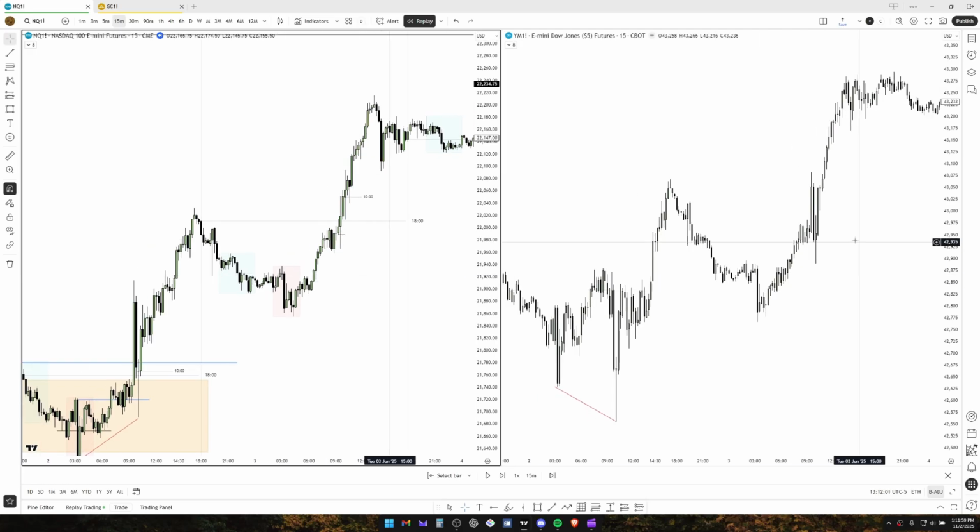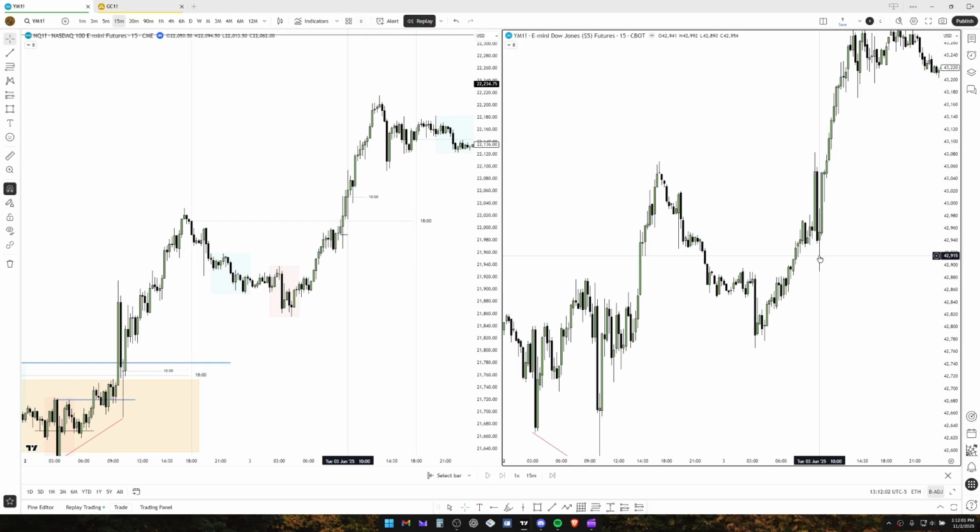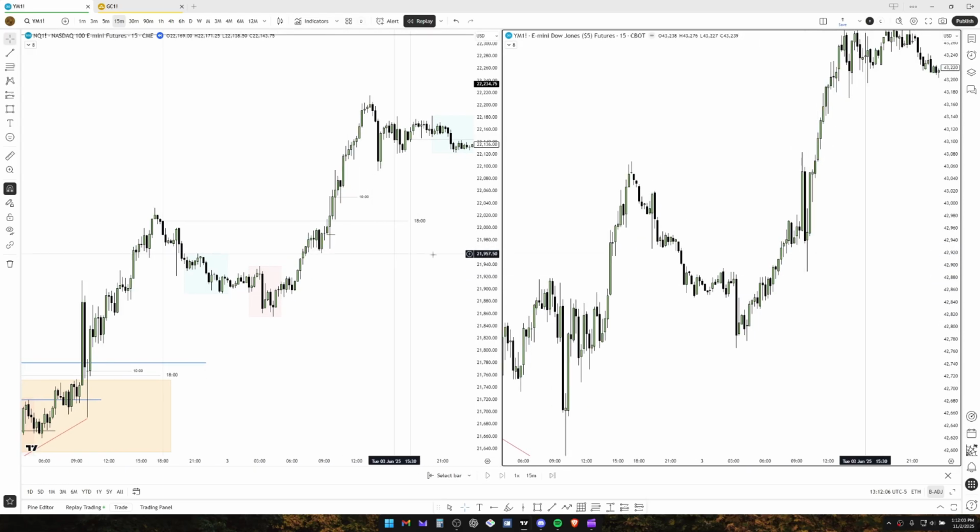You see how YM pushed down really heavily and then we made that swing here? That's 10 a.m.